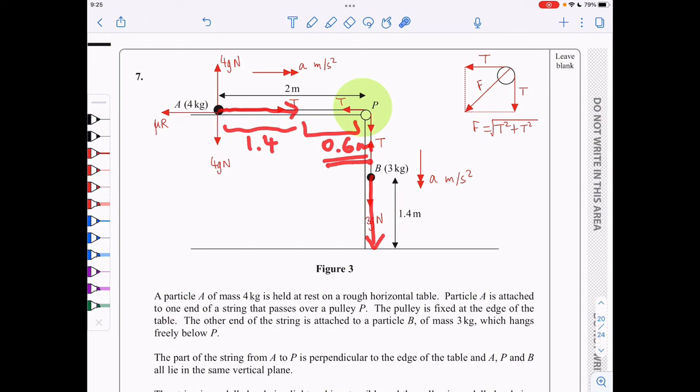Now, the moment that B hits the floor, the string goes slack and there is no longer tension in the string. The only force acting will be the frictional force here, so A will start decelerating, eventually coming to a stop. We need to determine the distance covered while decelerating.